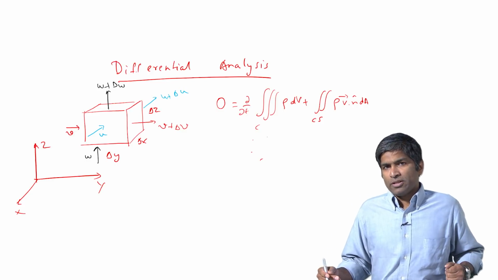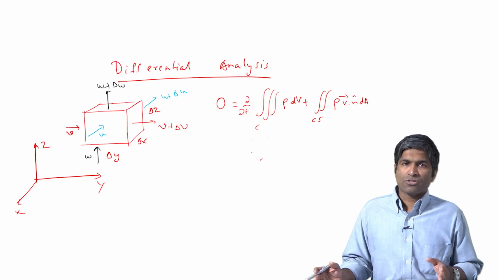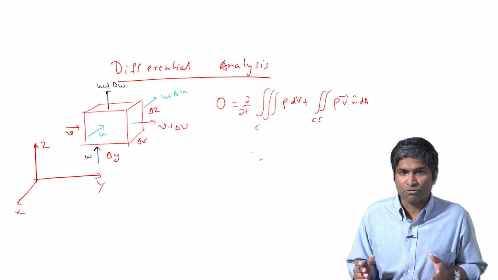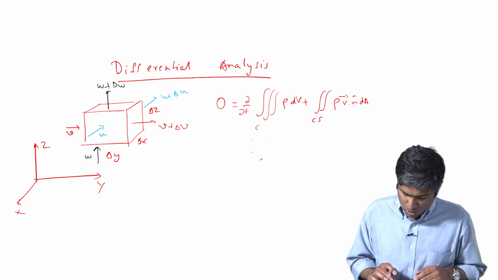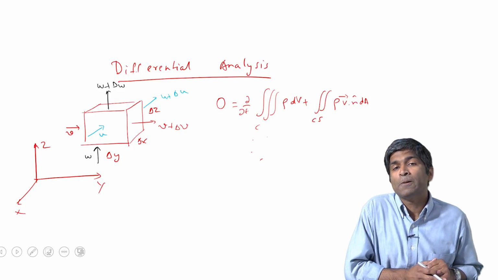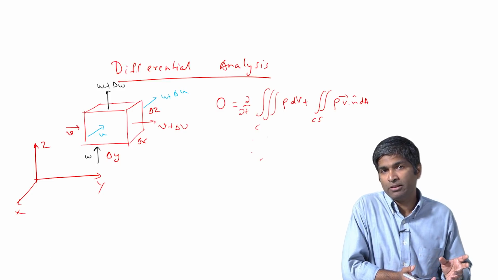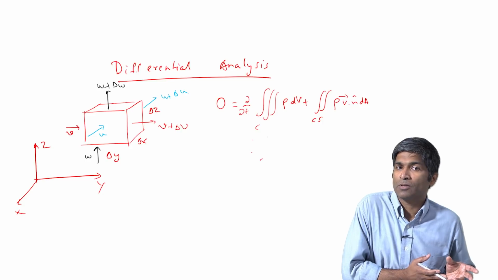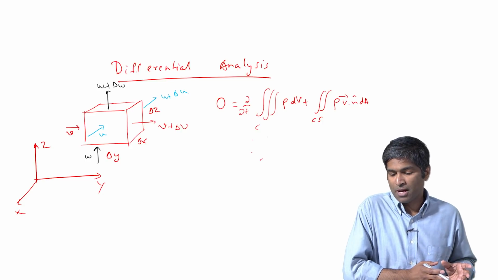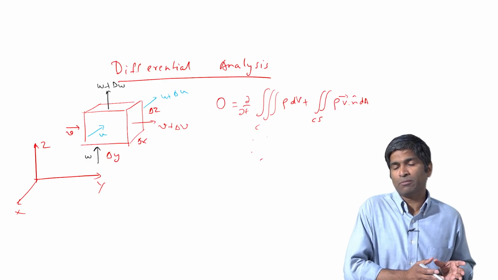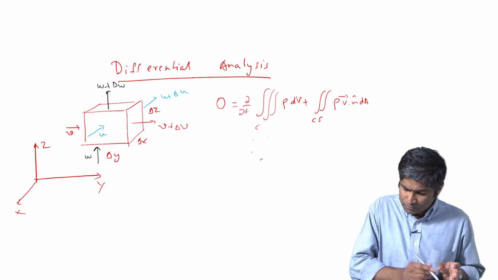And there's also a change in density. If I'm observing the system for a time delta t, there might be a change in density, so the overall mass of the system might itself change. What conservation expresses is that the rate of change of mass in the control volume is the net sum of whatever is entering minus whatever is leaving.